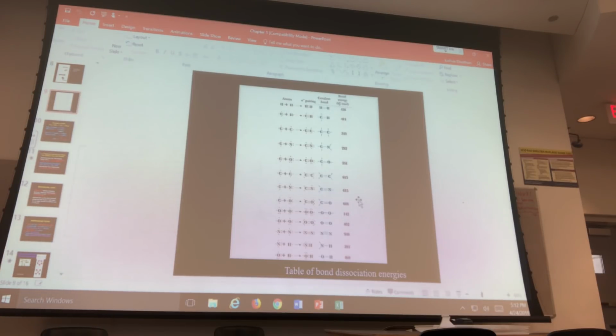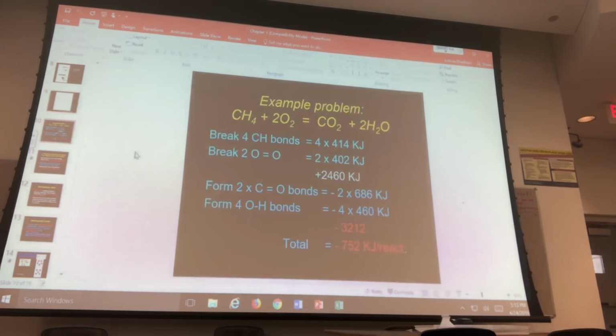What do you do then? You have to divide by the coefficient. Exactly. Some of you remember, and others, if you don't, you will see it. I tell you that during the Exam 1 review. You must divide by the coefficient in front of that product or that reactant. So read the question carefully to see if it's asking for per mole of something or of the whole reaction. All right, other stuff.